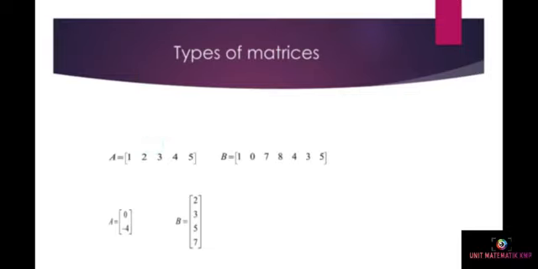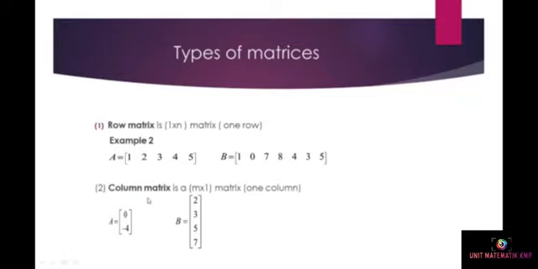Types of matrices. The first one, row matrix, is a 1 by n matrix. That means 1 row. So if matrix A is 1, 2, 3, 4, 5, then we call matrix A a row matrix. The second example is B. Number 2, column matrix is an m by 1 matrix. That means 1 column. A equals 0, negative 4.